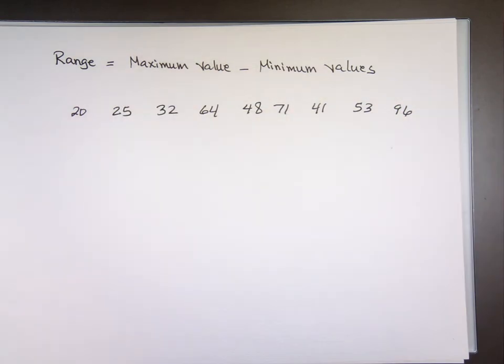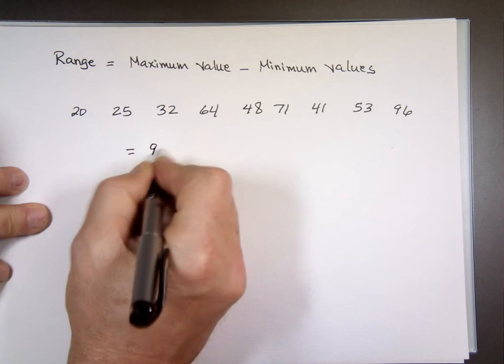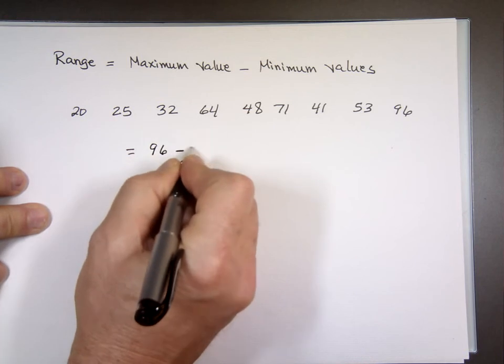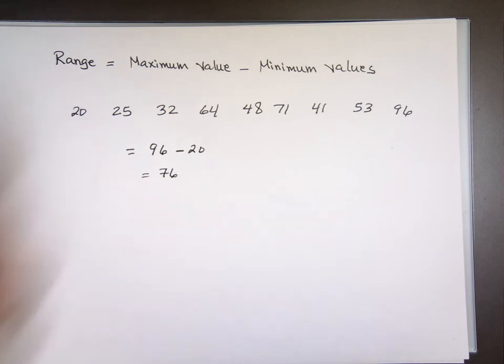So what is the range here? The range is going to be a really big value because it's the highest value minus the lowest value, which is 76. That's not good. That says the scores are spread really all over the spectrum.